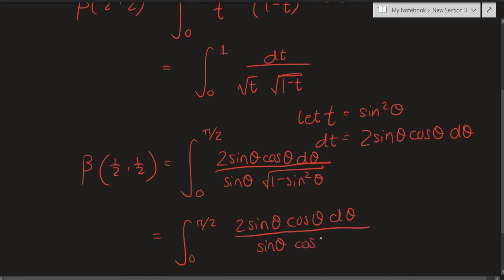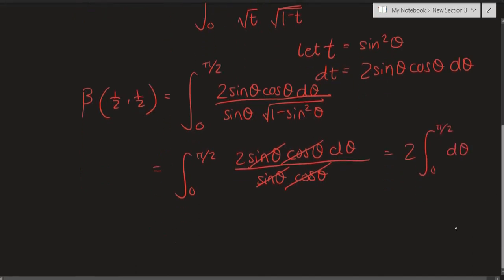The root of that is cosine theta. Now notice that the cosine cancels with the cosine, and we are only left with 2 times the integral from 0 to pi over 2 of d theta, and that is just 2 times pi over 2 minus 0. So 2 times pi over 2, or pi.